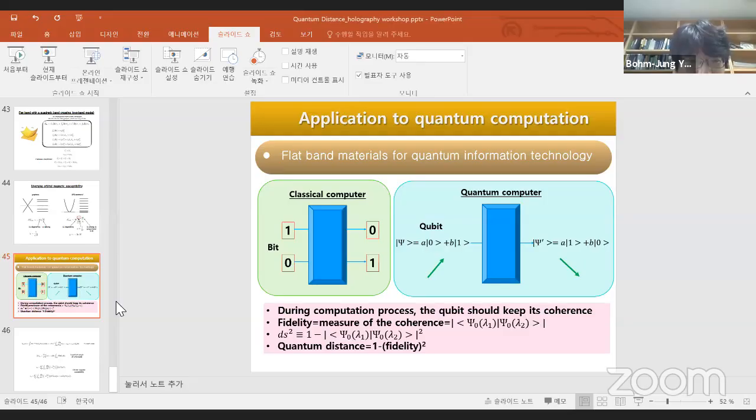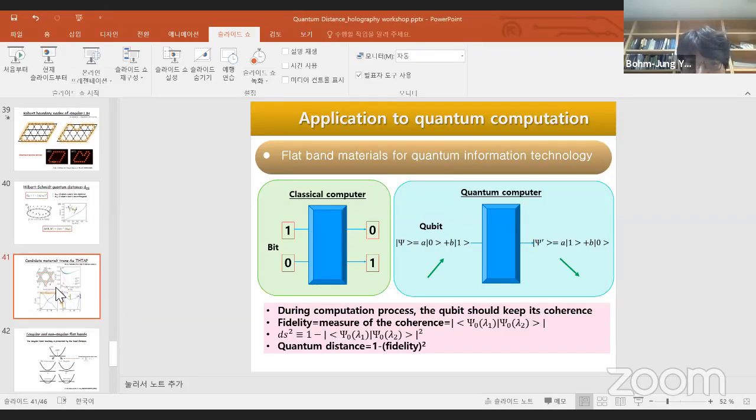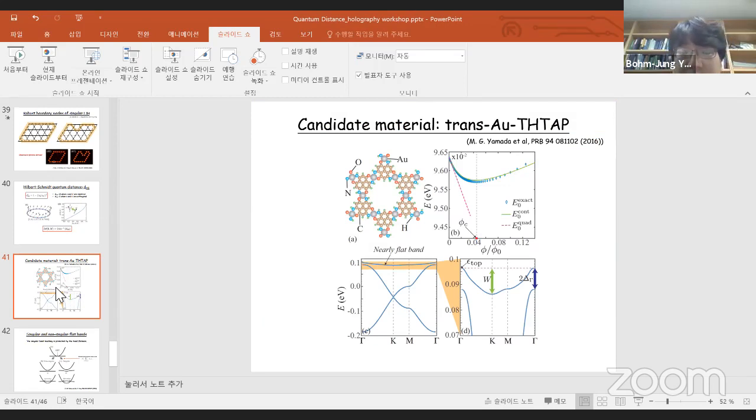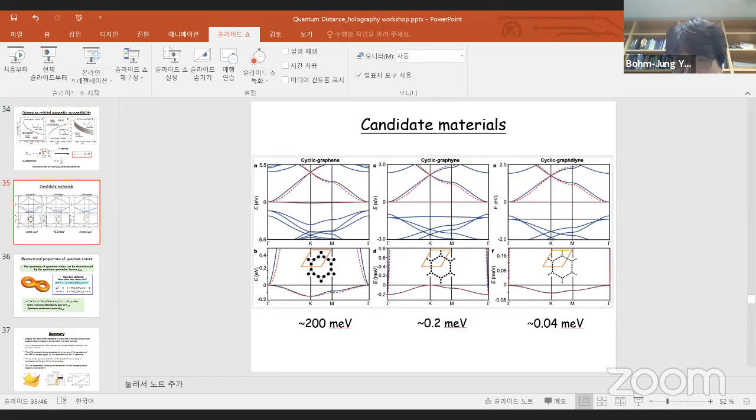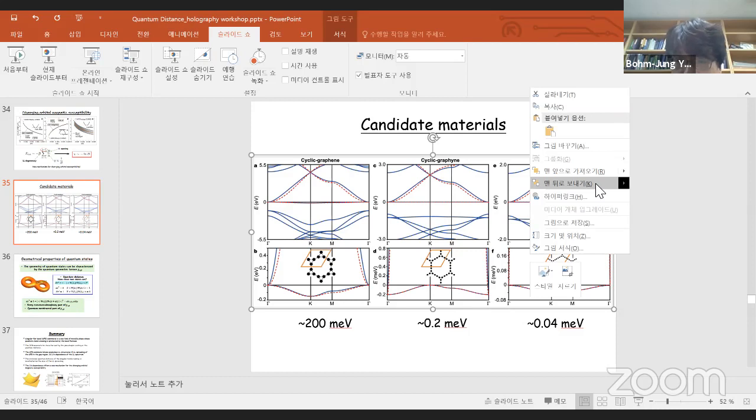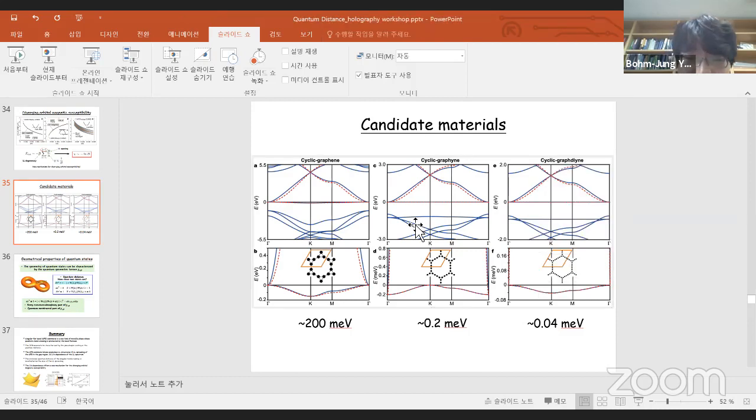That's also a very good question. We got a lot of questions about that point. As you mentioned, in real systems we cannot have a perfect flat band, but I showed some examples where we can see a nearly flat band. In reality, we always have to take into account, for example, second neighbor hopping and also spin-orbit coupling.